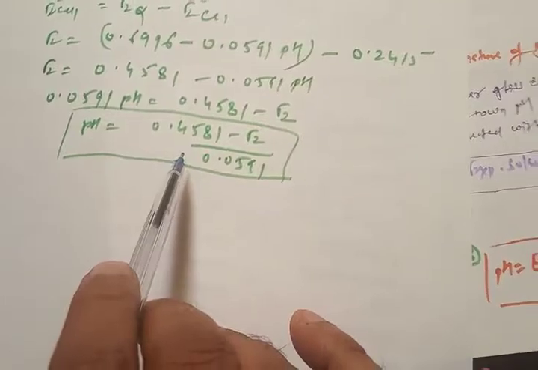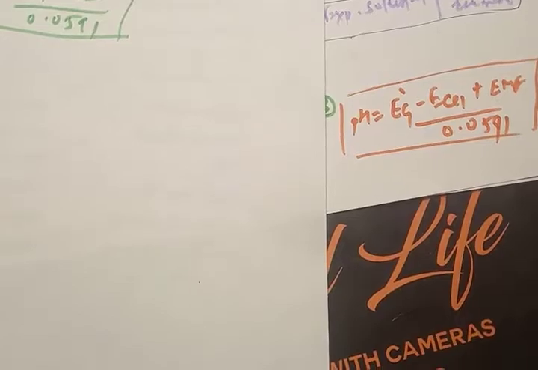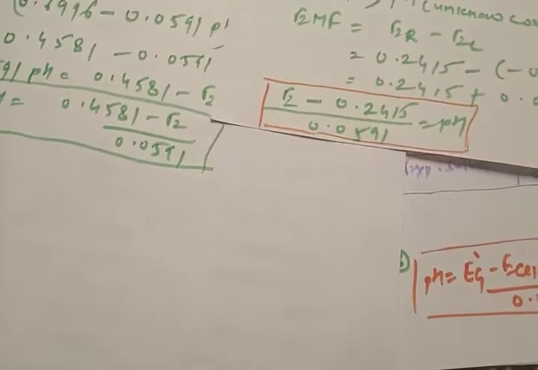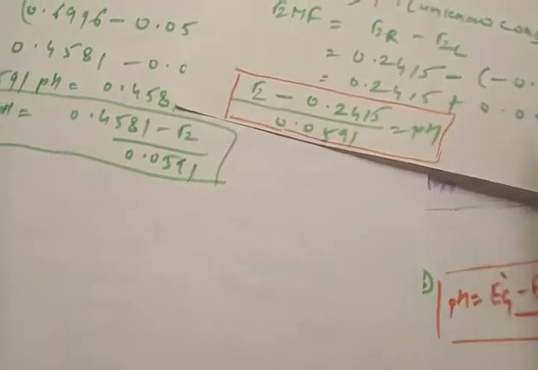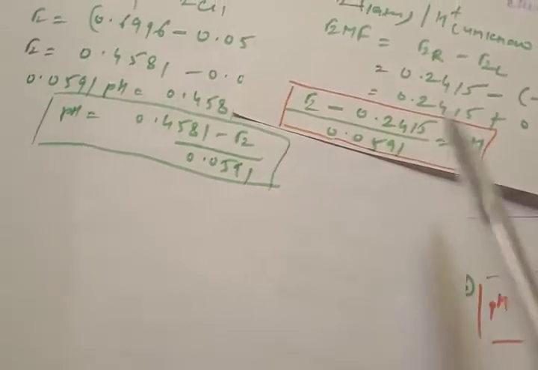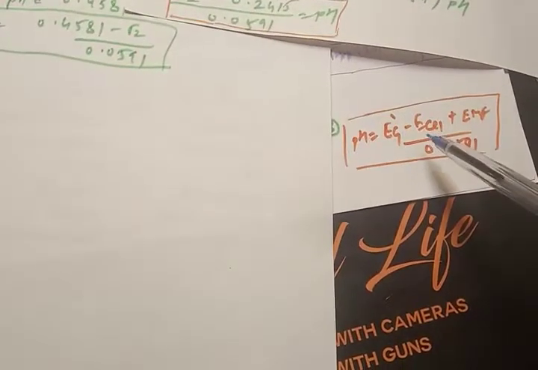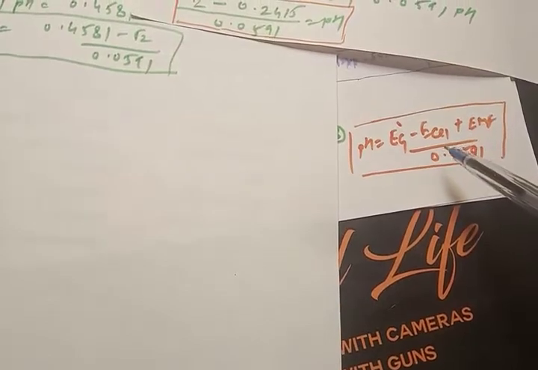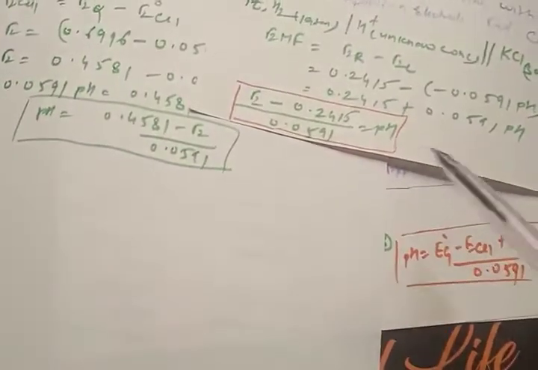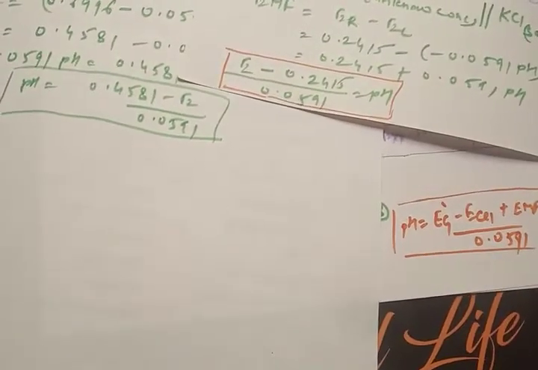This is for the Quinhydrone electrode, and this is for the glass electrode. And the first one was for the hydrogen electrode. So just check out these three values: this is the hydrogen electrode, this is the Quinhydrone electrode, and the last one is the glass electrode. You should remember these three equations, very important. You may find any one question out of these three.